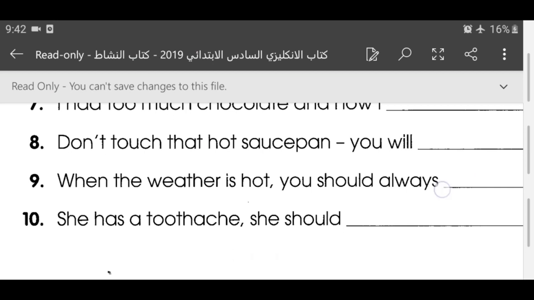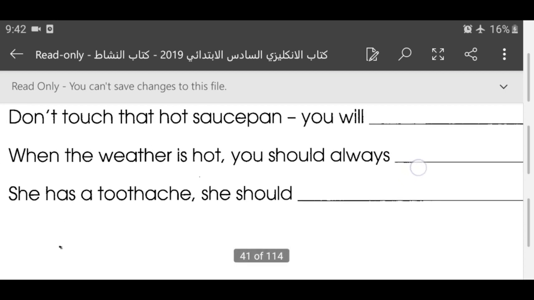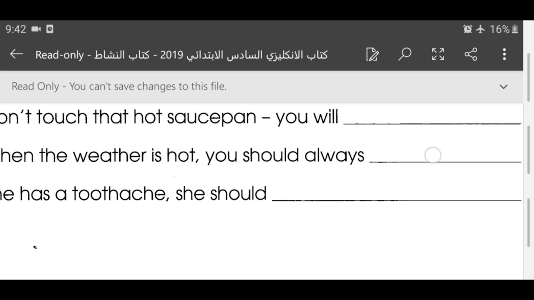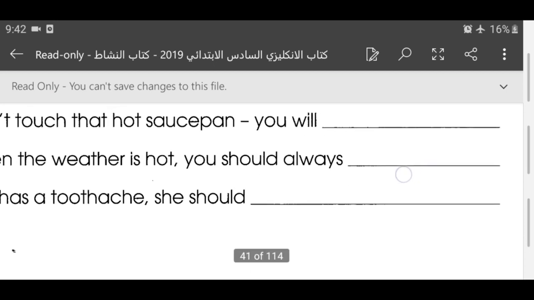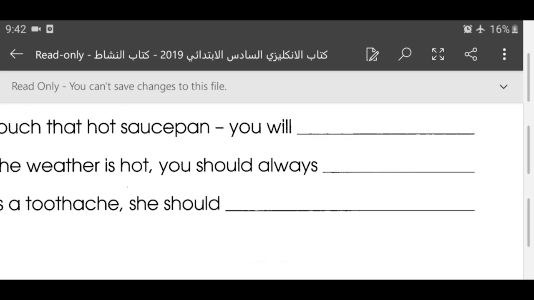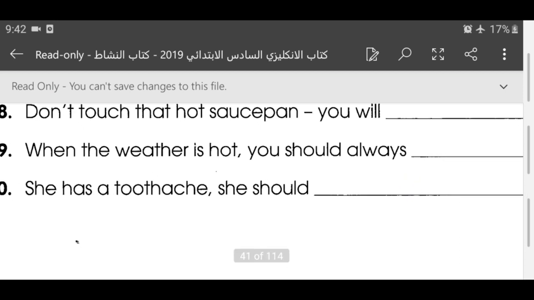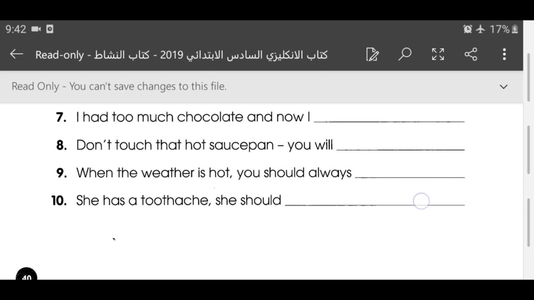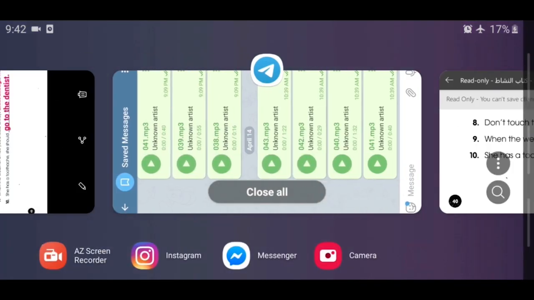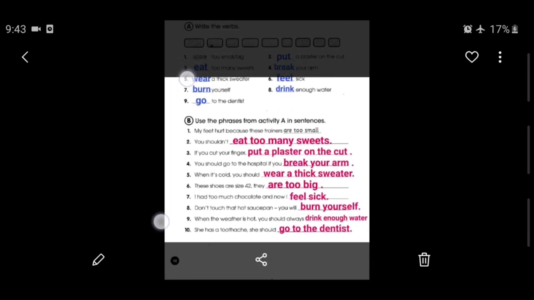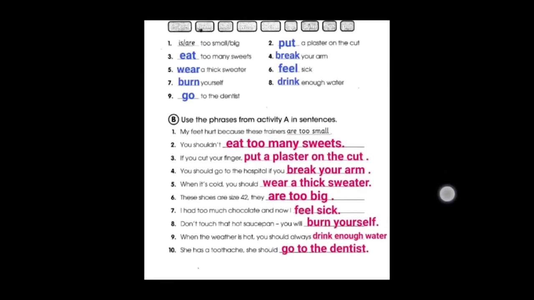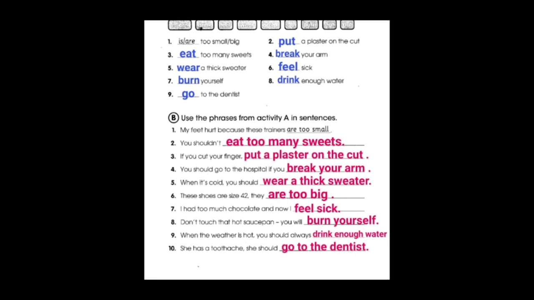When the weather is hot, you should always drink enough water. 10. She has a toothache. She should go to the dentist. Here are the answers.